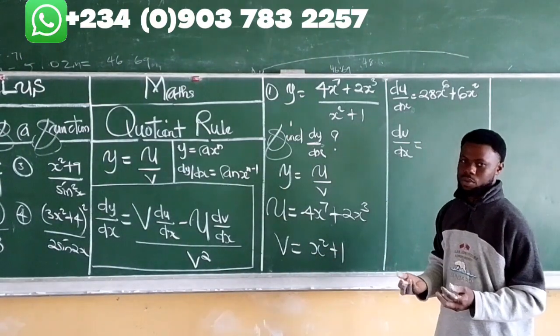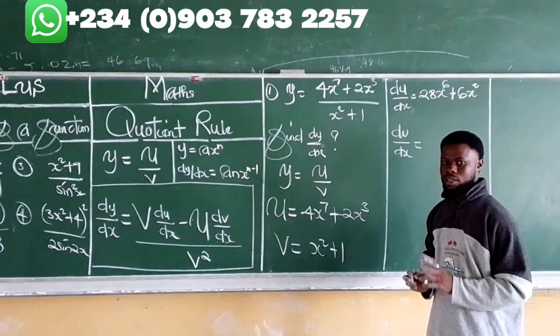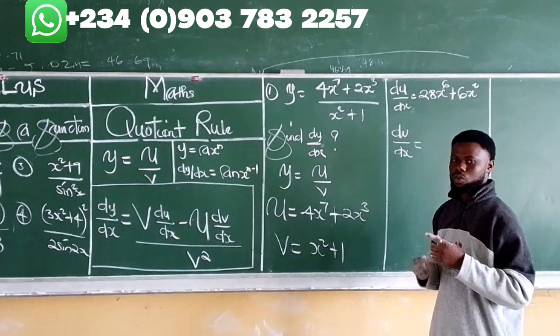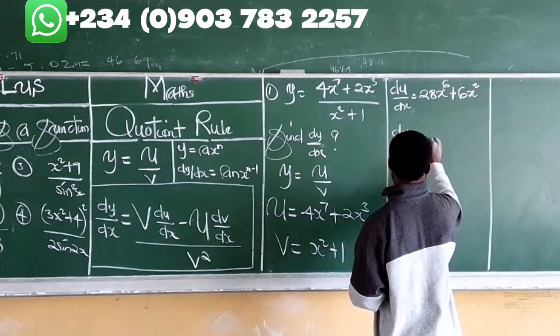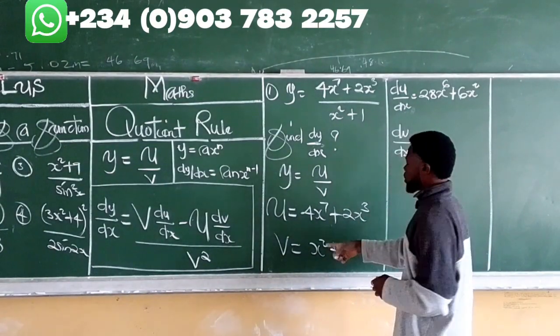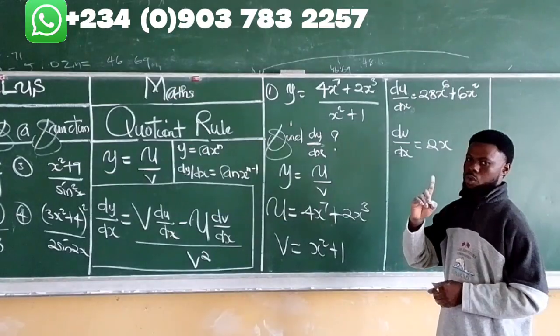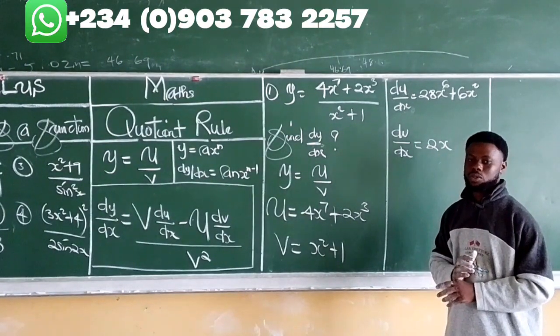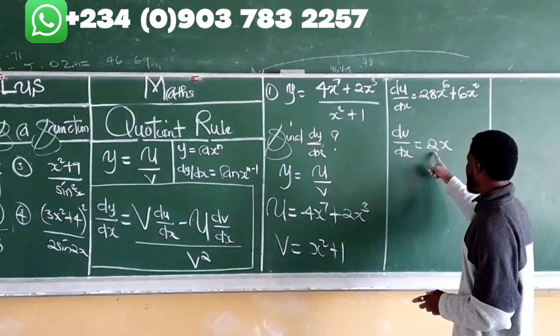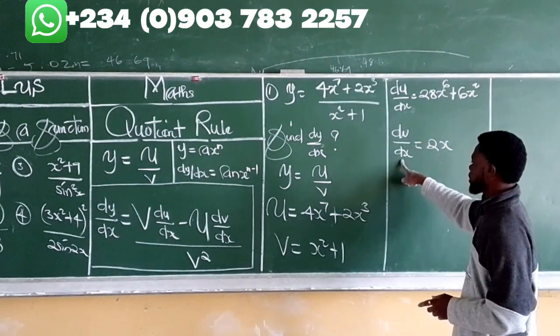If you see a quantity without a number attached to it, then there's an invisible one which was omitted. So that is 2 times 1 is going to give me 2x. Subtract 1 from the power, it becomes 1, which is this. And the derivation of a constant term is always equal to 0. So we obtain 2x as dv over dx.